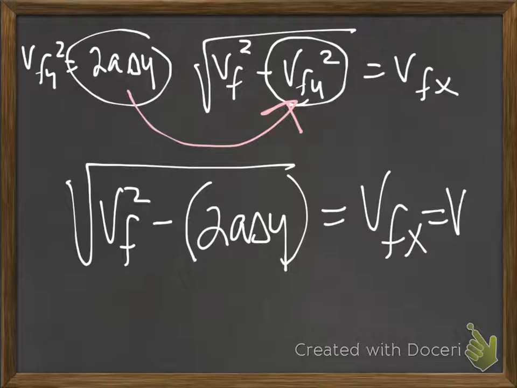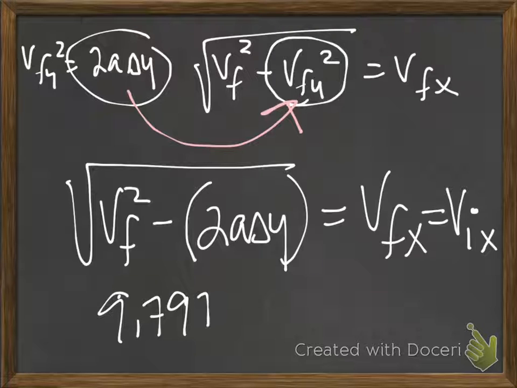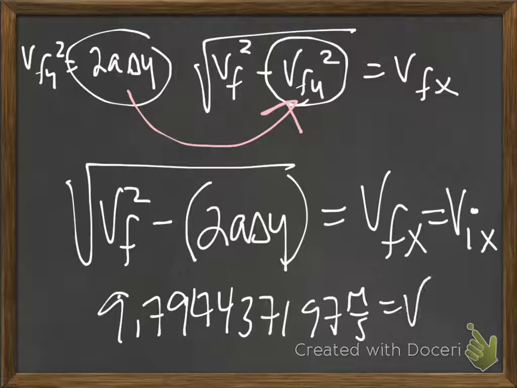So we can say that. Plug it in: 9.7944371997 meters per second is your initial x velocity.